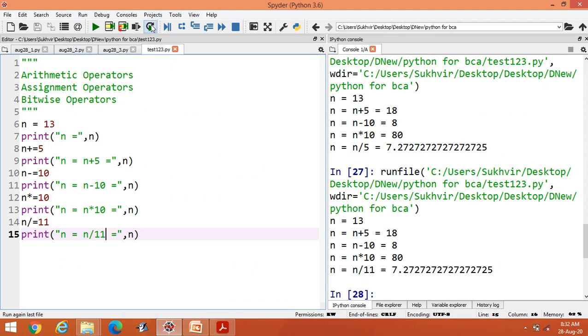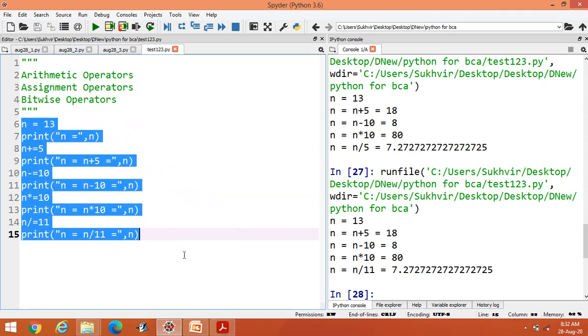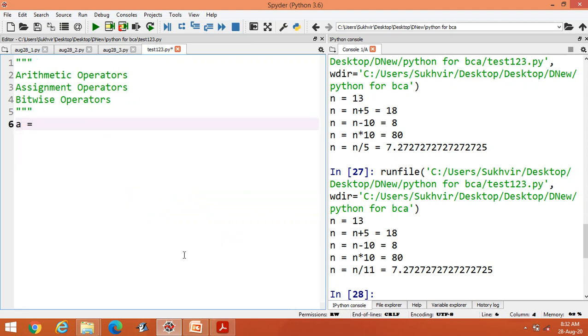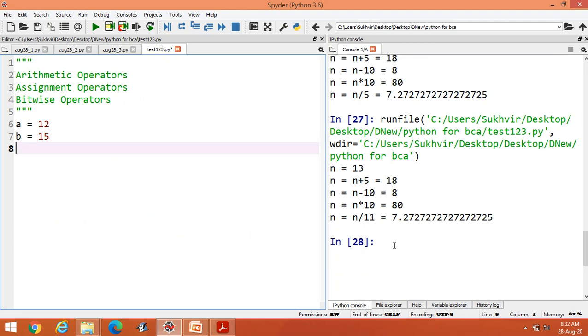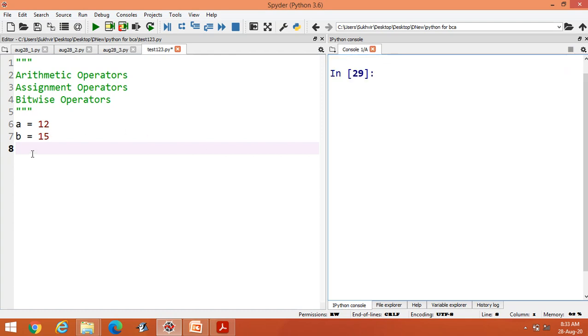Let us start with the programming concept of bitwise operators. Suppose first value is equal to 12 and second value is equal to 15. Suppose these are the two decimal values. You can enter these values from the user end also.